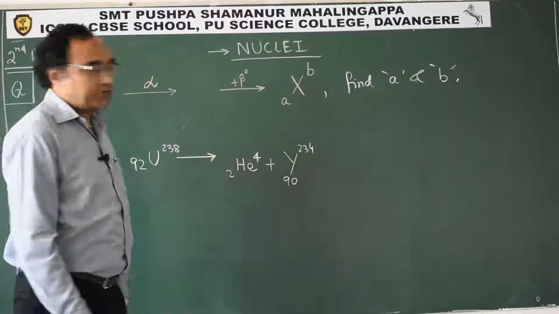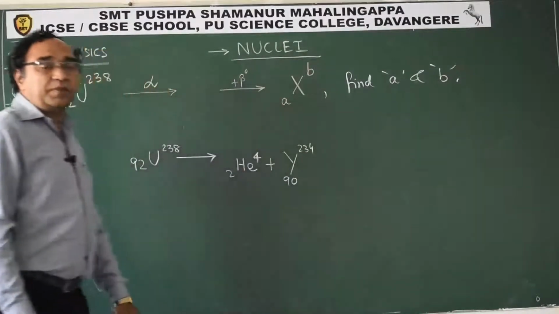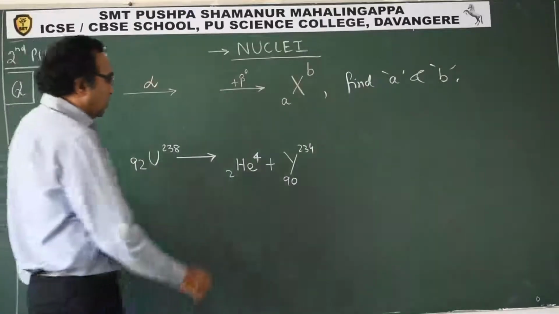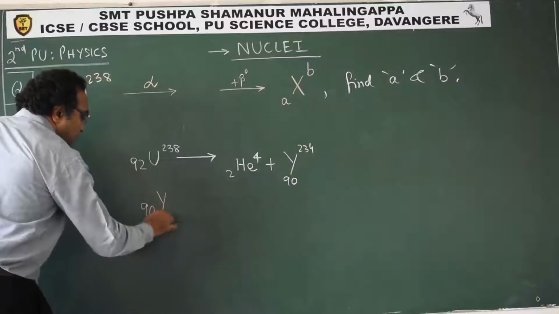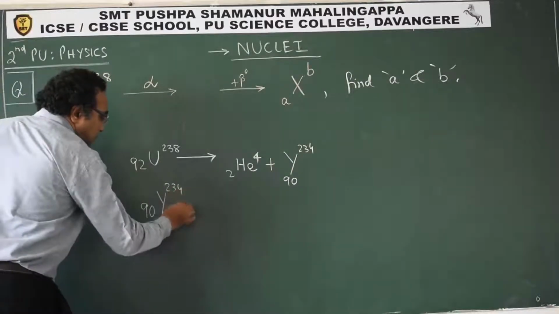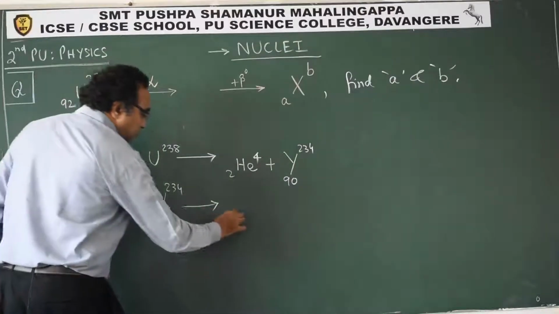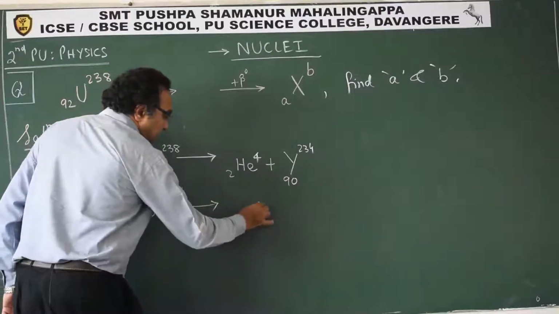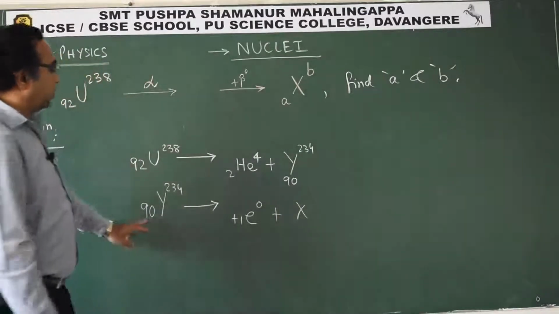So it is balanced. Now it says this particular thing is giving one beta emission. So now 90 gives beta emission, and that too a positive beta particle. So we will write this as plus 1 E0 and it gives X. What will be A?